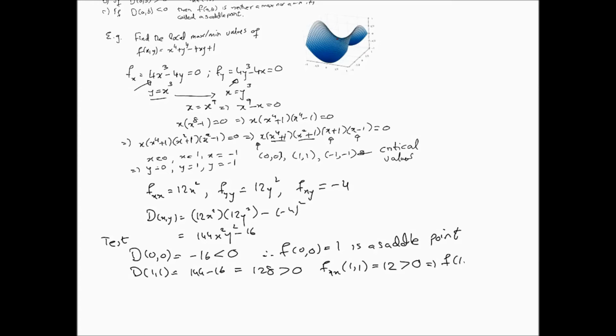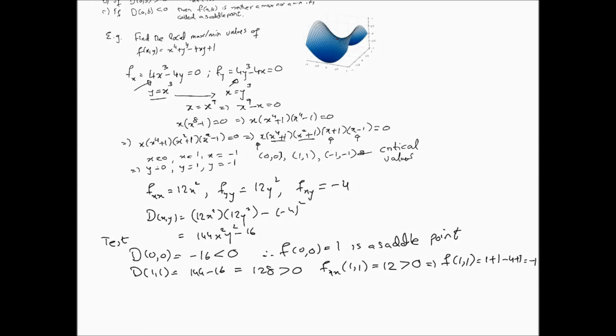This implies that f of (1, 1), remember it has to go back into the original function, so it's going to be 1 plus 1 minus 4 plus 1, so it's equal to minus 1.